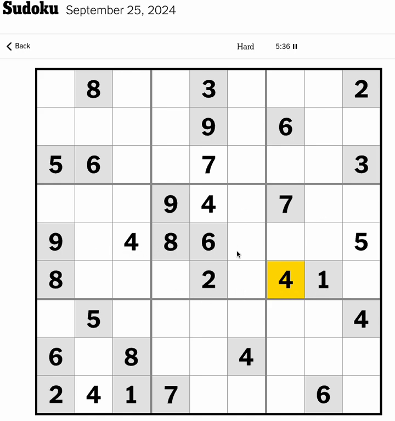1, 2, 3, 7. And 1 and 7 blocks these two cells. I cannot put 1 or 7 in here. That leaves only 2 cells for 1 and 7 on row 5. So these two will be 1 and 7.